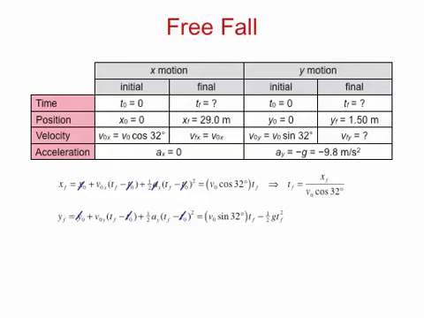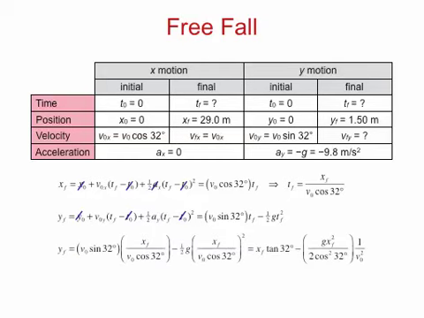Let's solve the first equation for t sub f and then insert that into the second equation. Notice that in the first term, v naught appears in both the numerator and the denominator, and thus cancels. This leaves v naught isolated in the second term.